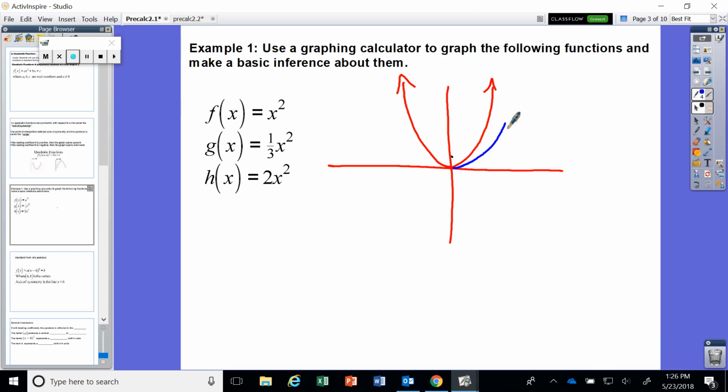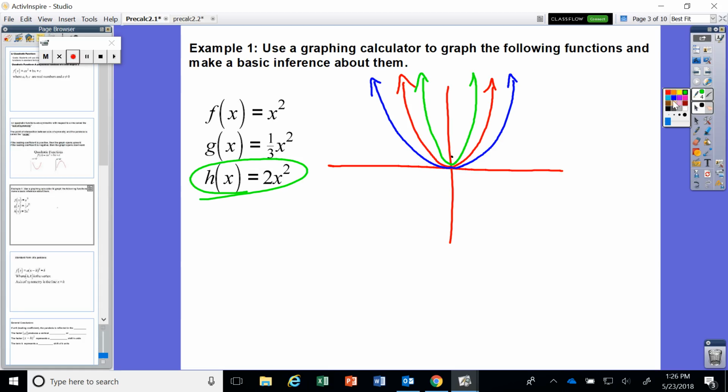Well, that's going to be a little bit more out here and a little bit more out here. And what would change if I made the leading coefficient 2? Well, believe it or not, that's going to be a little bit more inside here and a little bit more inside here. So the point of this, guys, is to understand, and this is going to be our green function, this is going to be our blue function, and then of course our red is going to be our x squared. But again, the point is to understand what the leading coefficient is doing.